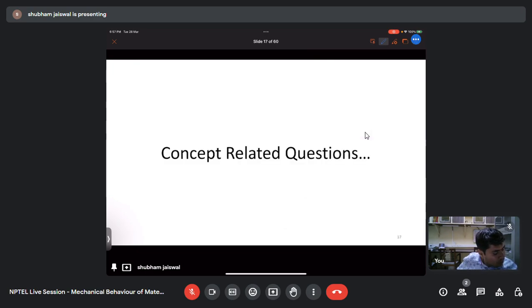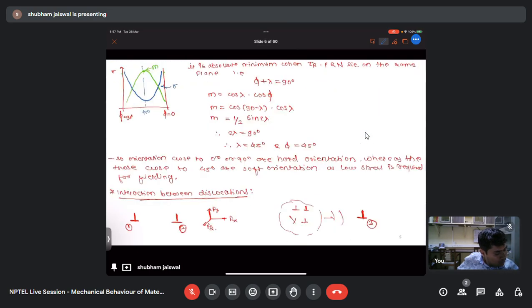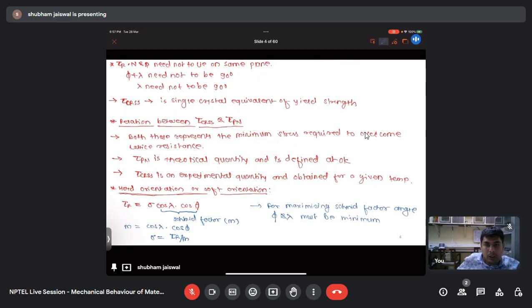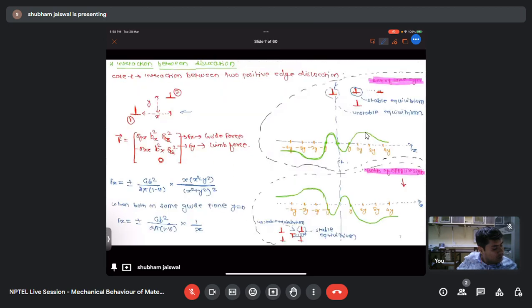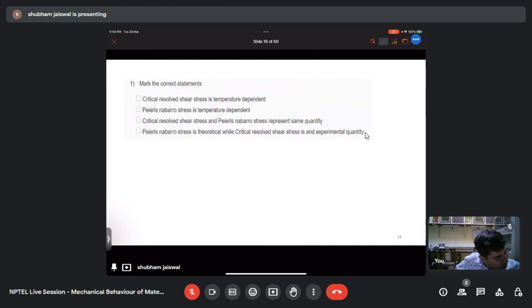So here, the quick recapitulation. Here we have seen the relation between the critical resolved shear stress and Peierls-Nabarro. Both of these represent the minimum stress required to overcome lattice resistance, meaning both are representing the same thing. So this option is correct.